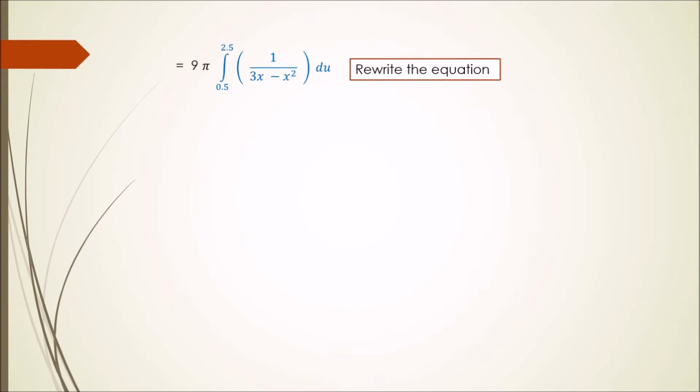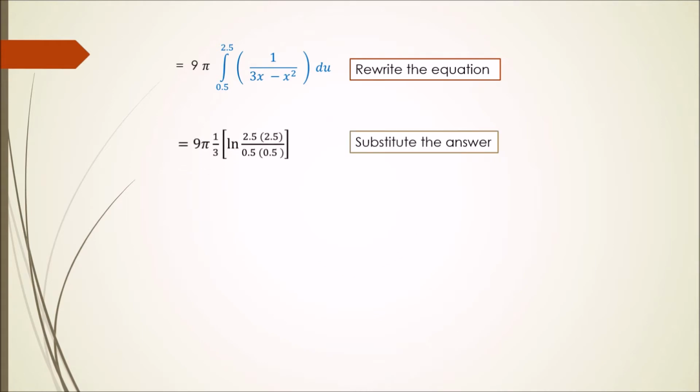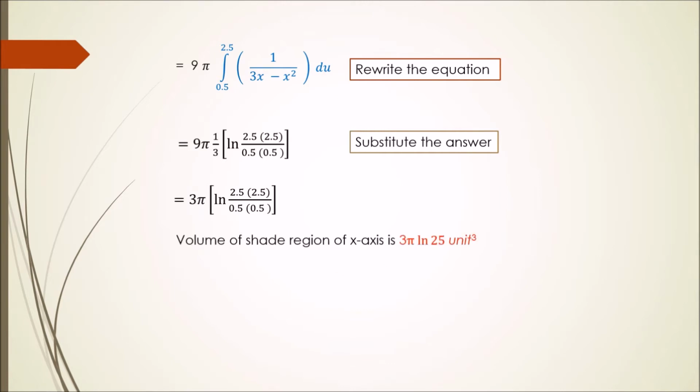So the next step is rewrite the equations and then substitute the answer, becomes ln of 25 multiplied by 25 over 0.5 multiplied by 0.5. To simplify, times 9 times 1 over 3 becomes 3. By using the calculator, the answer for volume of shaded region about the x-axis is 3 pi ln 25 unit cubed. So this is the final answer for the question 3.